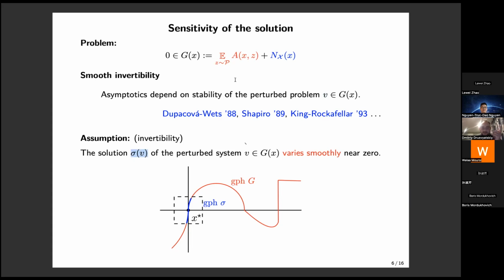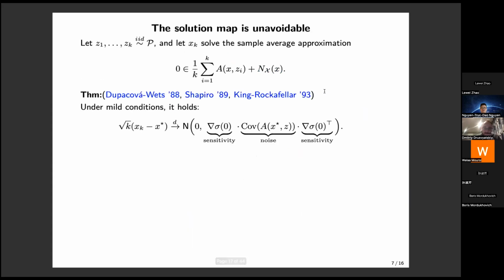And in the context of optimization, these are tilt perturbations. This is just saying if you add a linear function to your objective function, and you look at how the solution varies with respect to the slope of the linear function, you want that dependence to be smooth. Okay, so what is known?